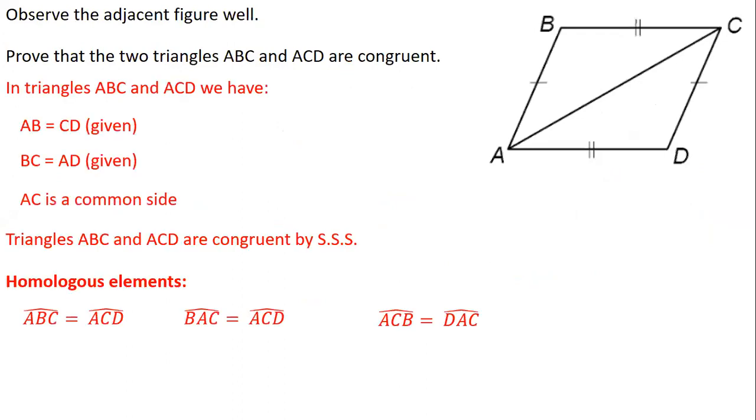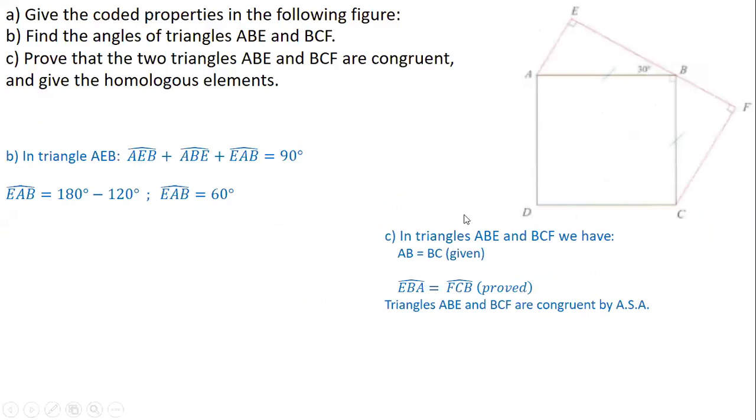Why am I asking about this question again? Because most of you didn't know how to write coded properties and didn't know how to prove congruent triangles. That's why I'm solving this exercise again.